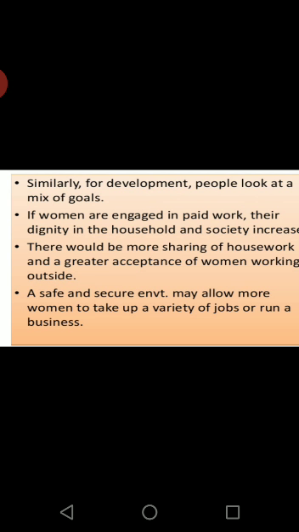She wants to work outside, to earn fame, and to be self-dependent, but at the same time she has to manage her household work, which is also one of her goals. To manage these two or three things at a time is an example of mixed goals.